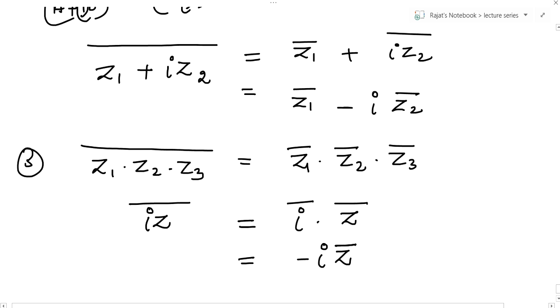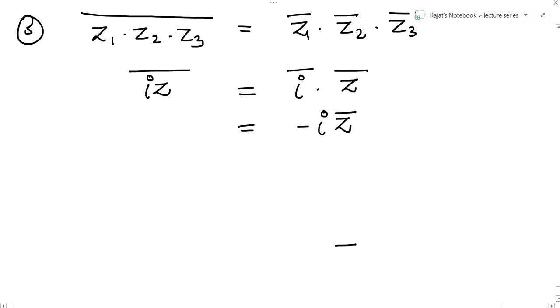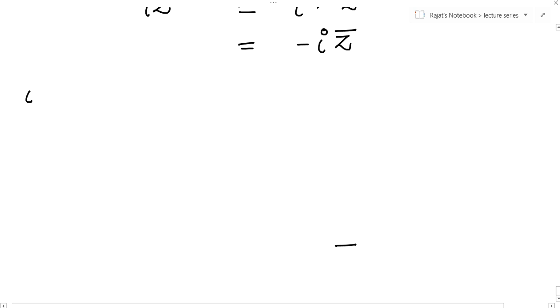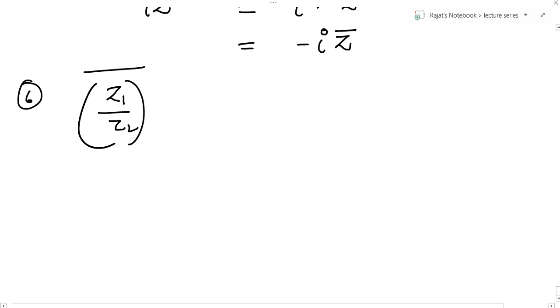So these were some of the general properties. Further, in division also, suppose there is a complex number z1 by z2, and you want to find the conjugate of this complex number. This will be z1 conjugate divided by z2 conjugate. Let me take an example.